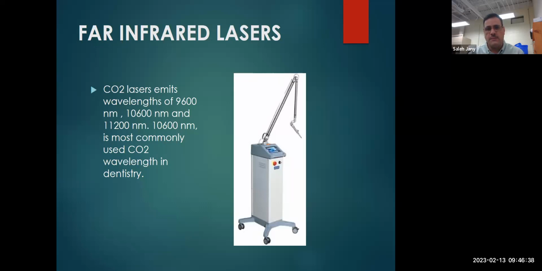Every tissue has water, but in different percentages; the gum has more water than the teeth. But because of the high energy, it's going to be one of the best cutting lasers in surgery. So that's why the CO2 laser is one of the best for cutting incisions, cutting tissue, evaporating lesions. That's a CO2 laser.